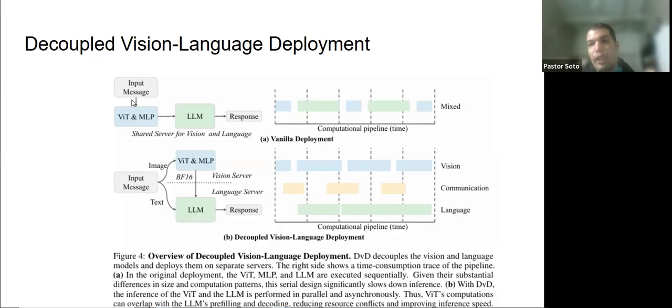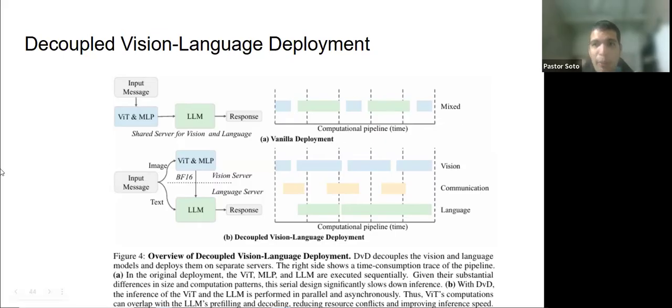So it goes in sequence: you process the image, then go to the LLM, and then you create the response.